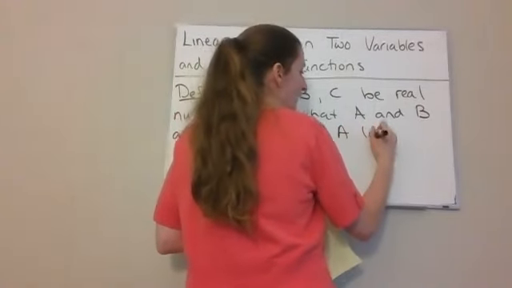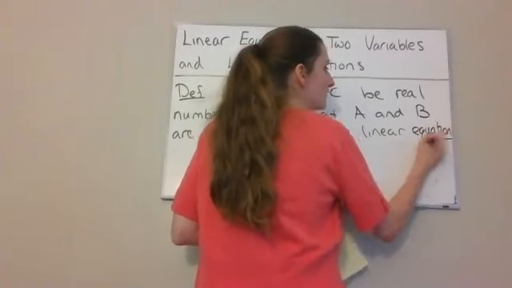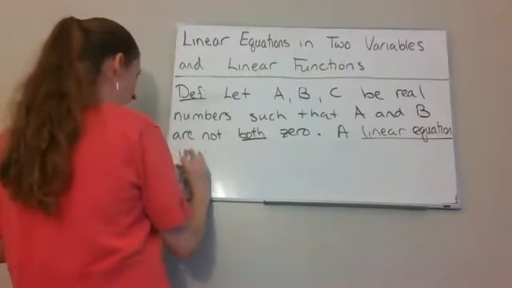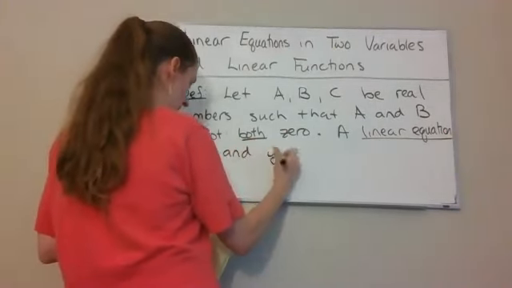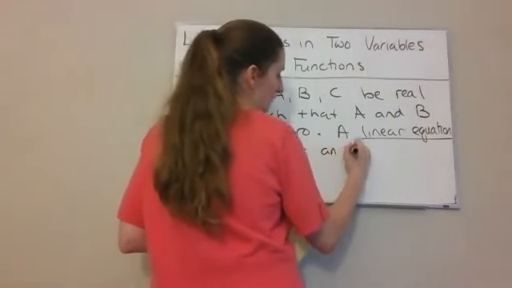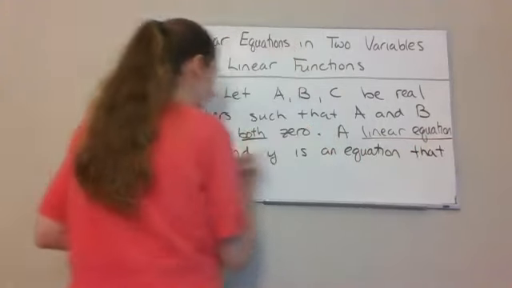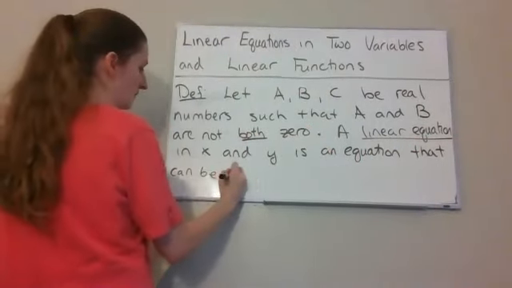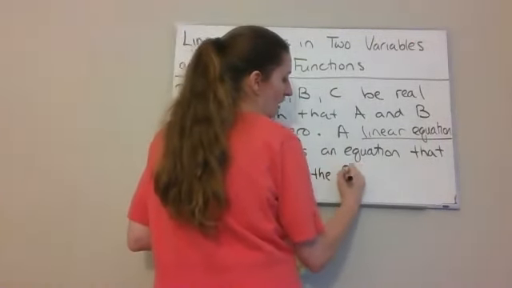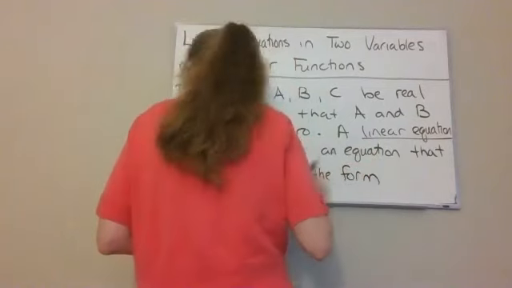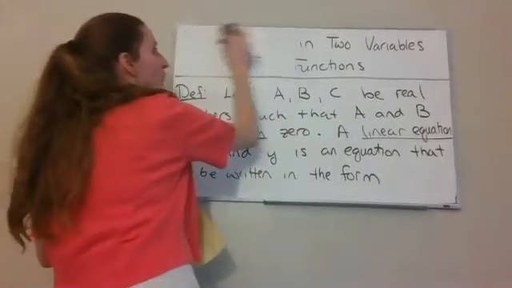Then a linear equation in x and y is an equation that can be written in the form ax plus by equals c, and that is called the standard form.